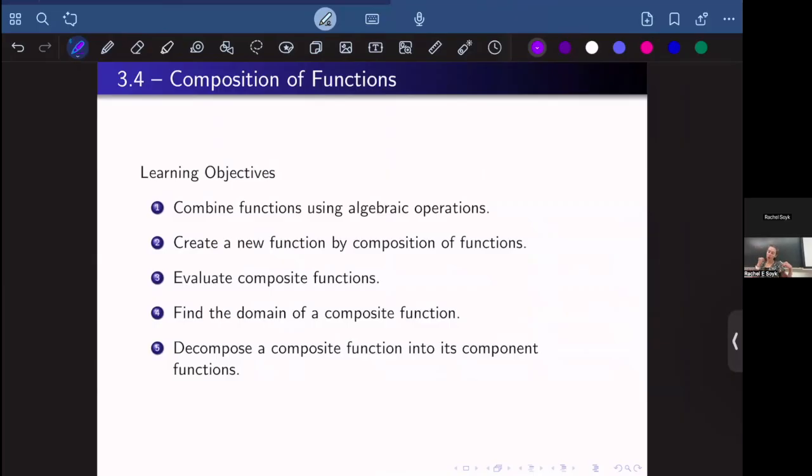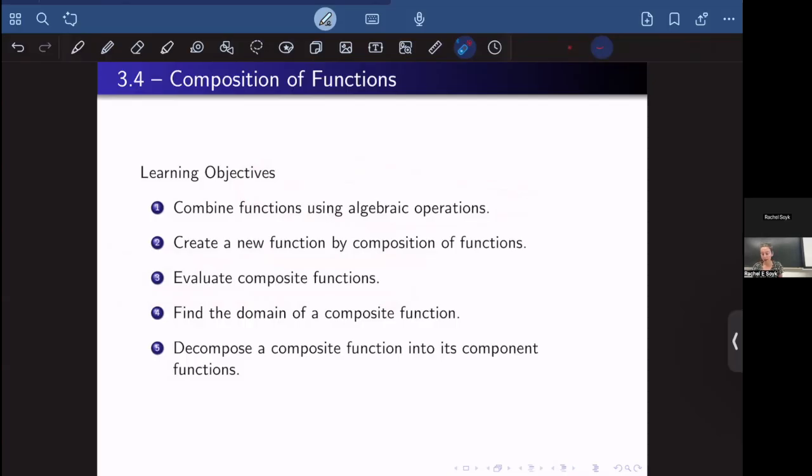In terms of all of our learning objectives, we have 5 here. So we'll be able to combine functions using algebraic operations. We'll be able to create new functions by composition of functions. We'll do loads of practice with evaluating our composite functions and finding the domains of composite functions.